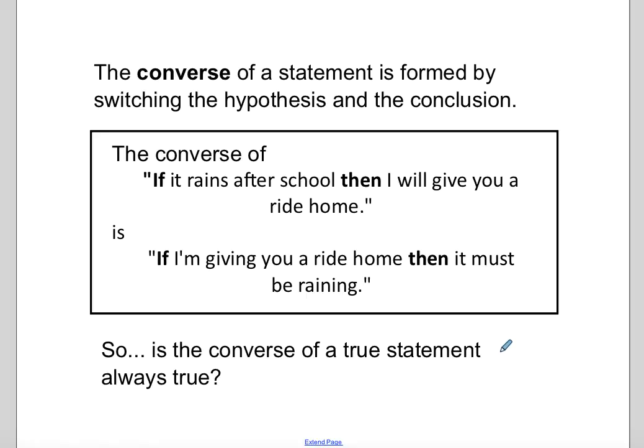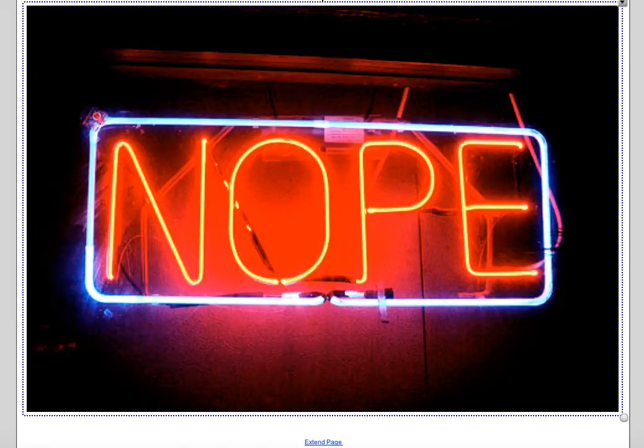I'm going to give you a minute to think about that. Look carefully at these two sentences and think about whether this being true implies that this is true. The answer is no. The converse of a true if-then statement is not always true.